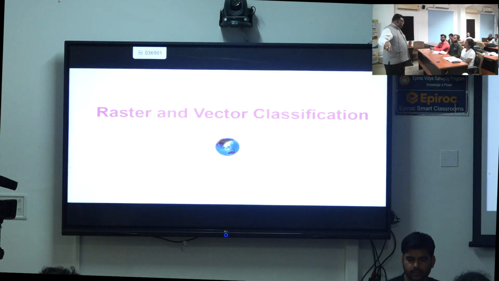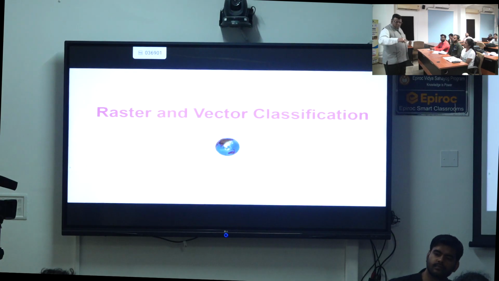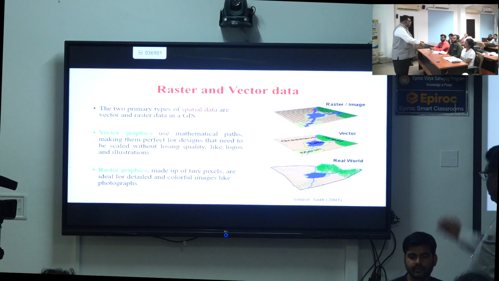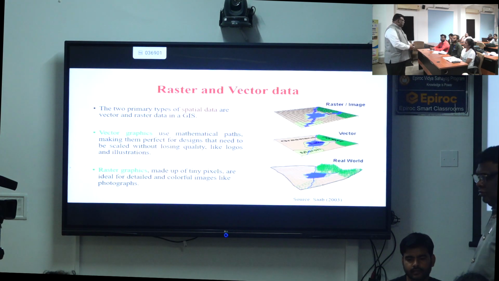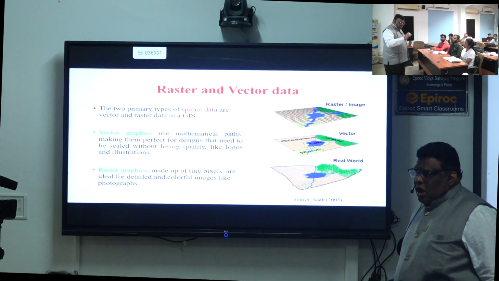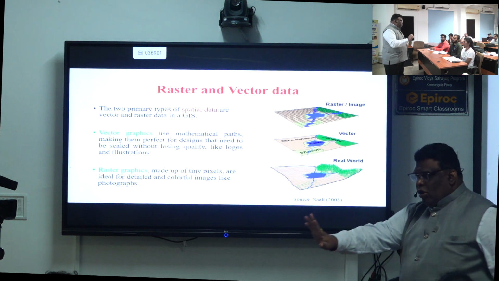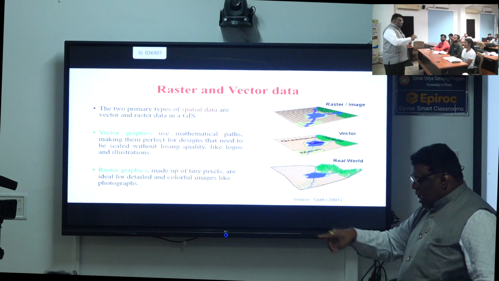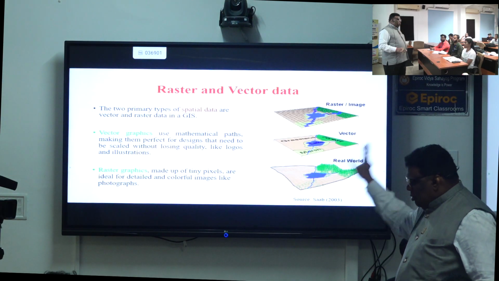Now raster and vector, so that you can have an idea. What is a raster? What is a vector? The real world situation is there. Raster means pixels; suppose you have a photograph, it is a raster, and it has cells.